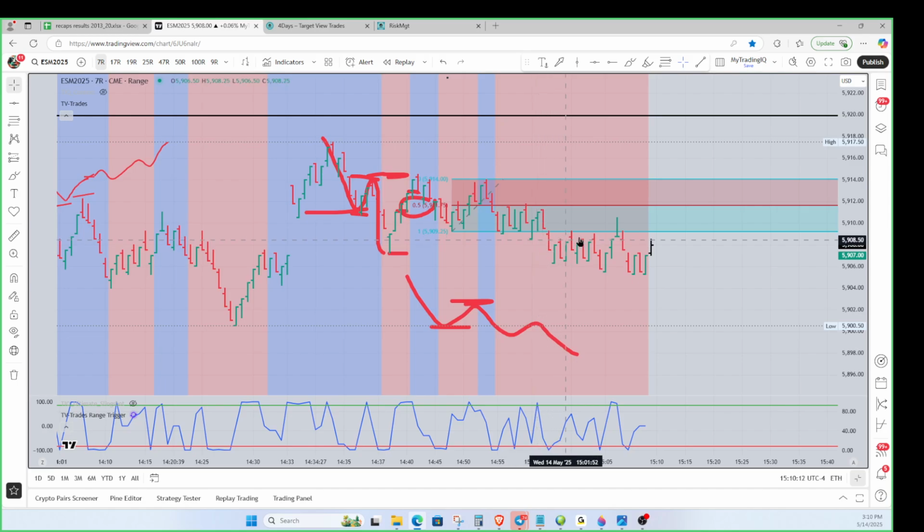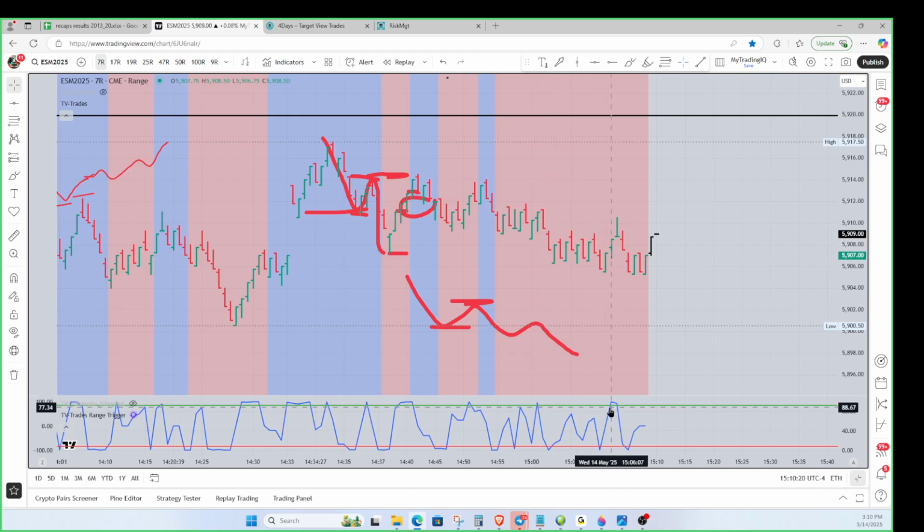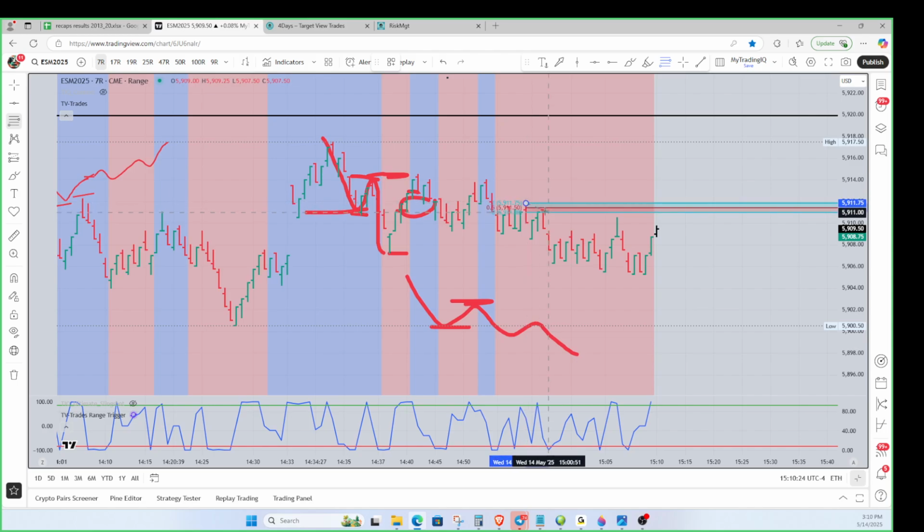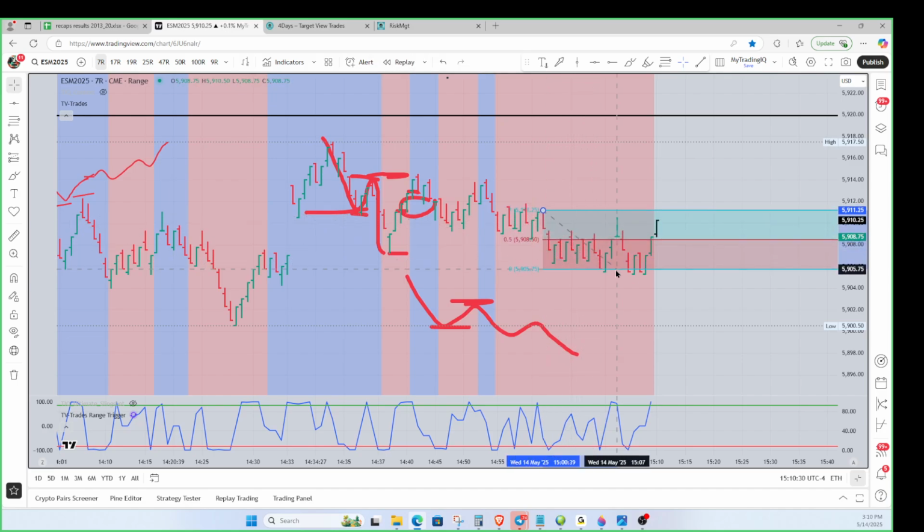I'm going to get rid of this, because you have a red background. So you're drawing from the top down, so going from here to here is actually the retracement, right? Sorry, that's not the right place. It's going to be from here down to, well, now down to here, right?